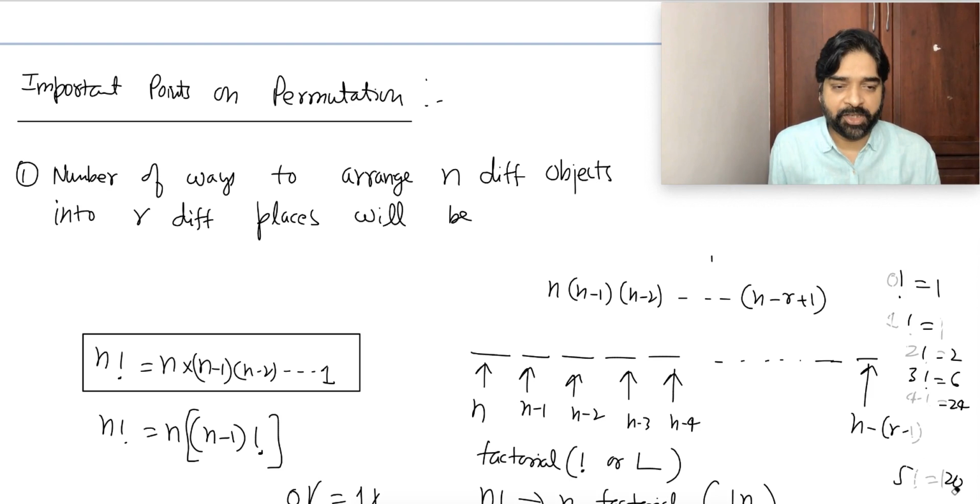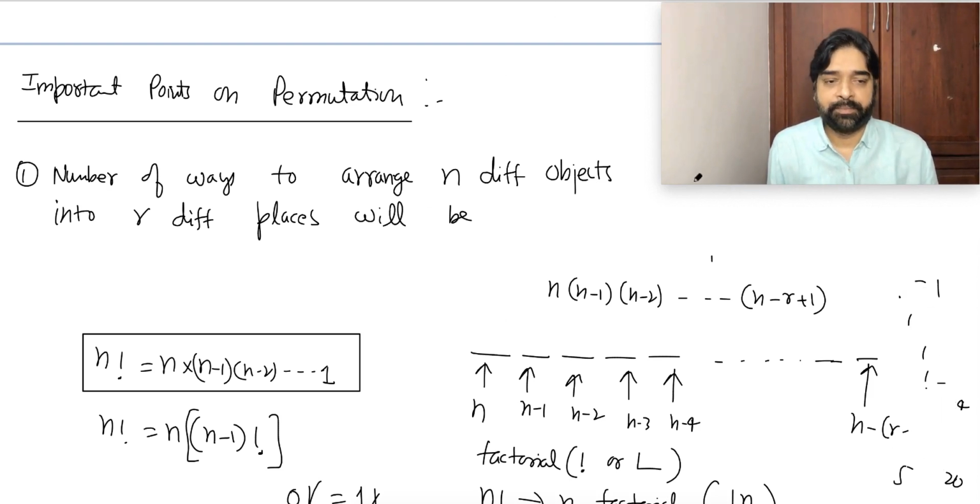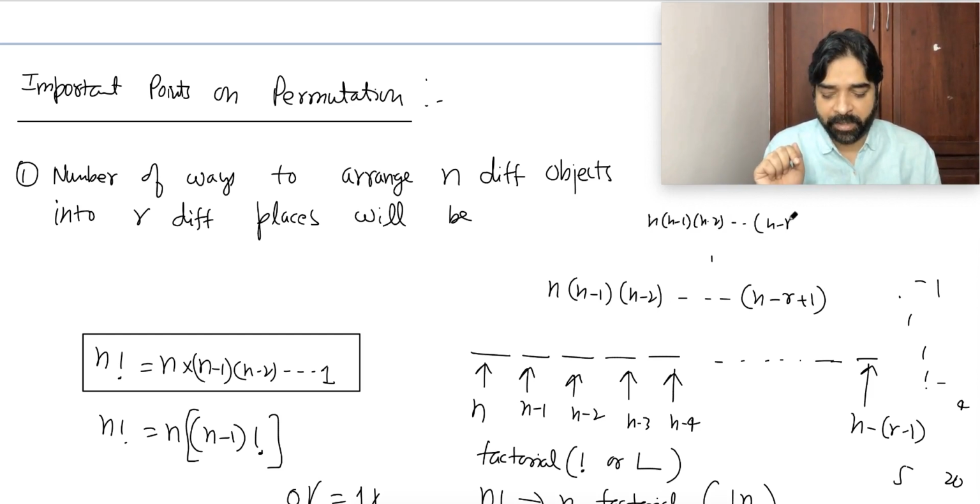Till here we reached. This is the answer actually, but can we write this answer in terms of factorial? Yes. This value is the answer: n into n minus 1 into n minus 2, so on till n minus r plus 1.